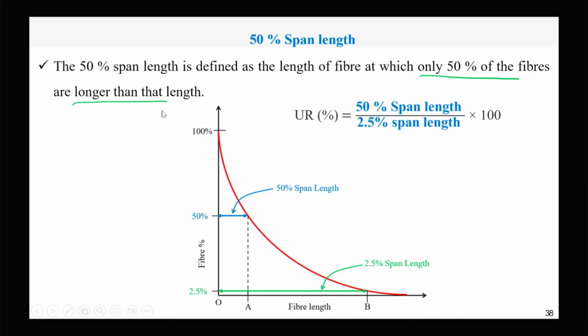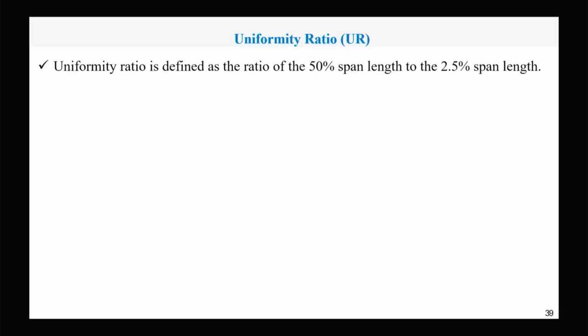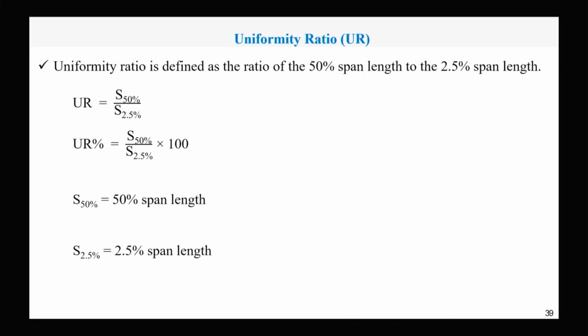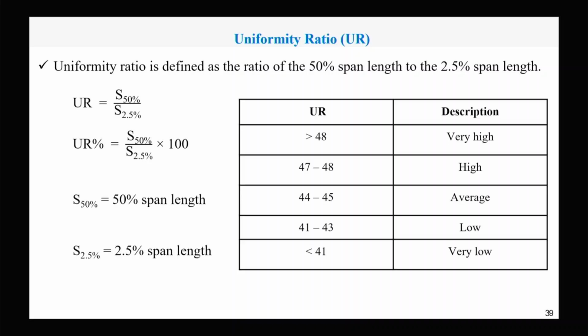So uniformity ratio is calculated as the ratio of 50% span length by 2.5% span length, which we have already discussed. The typical values of uniformity ratio are that 48% and above indicates very high uniformity.